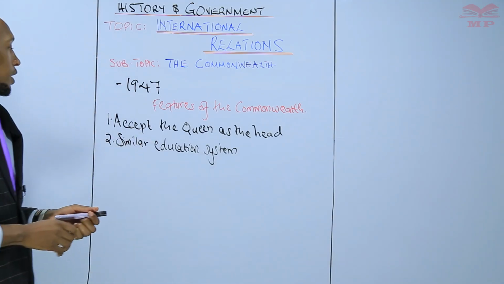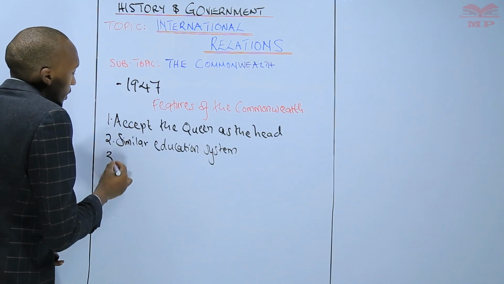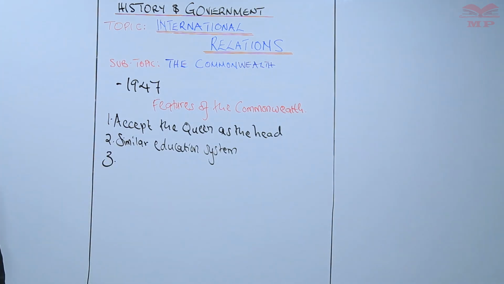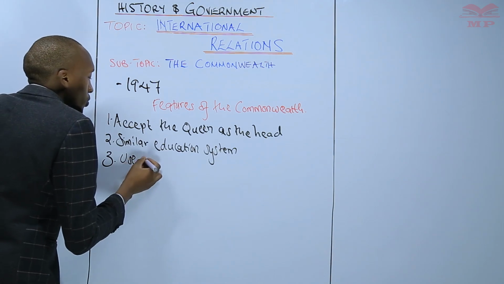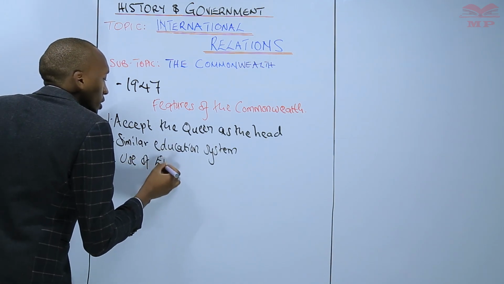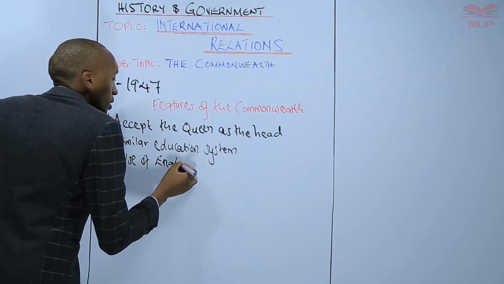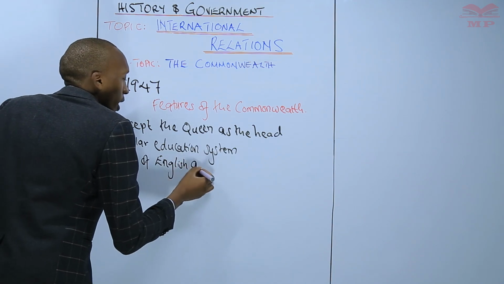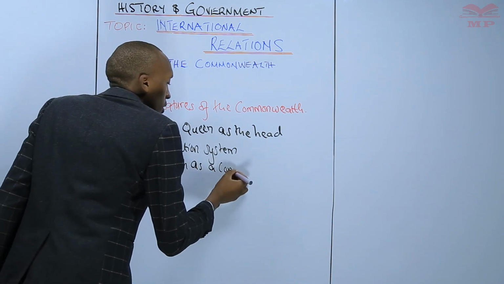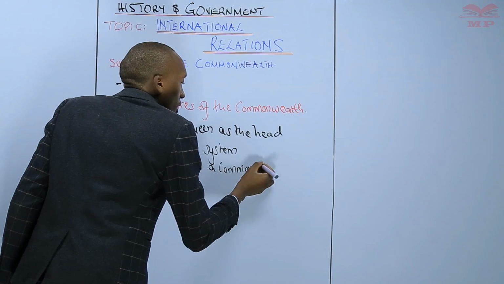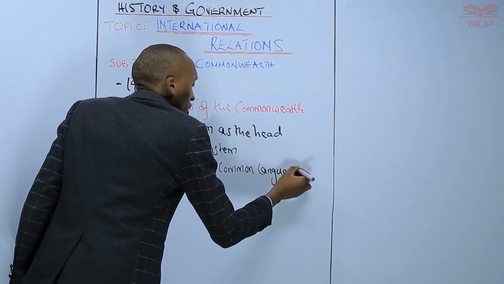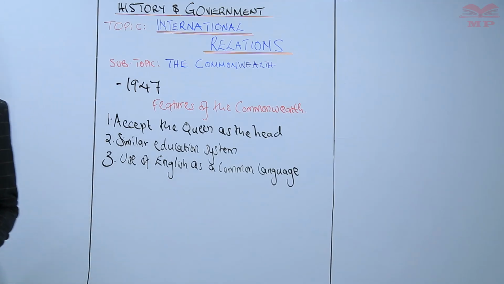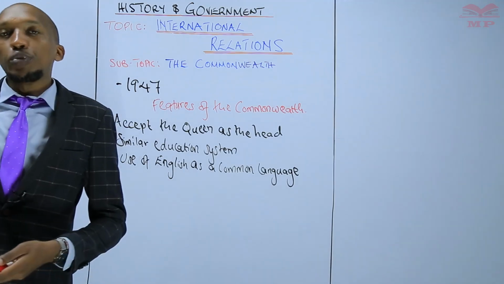not identical. Number three, or the next feature of the Commonwealth countries, is the use of English as a common language. English is their common language of communication.